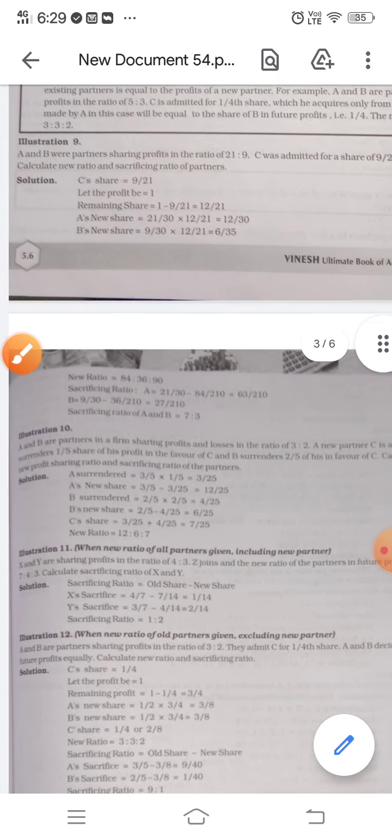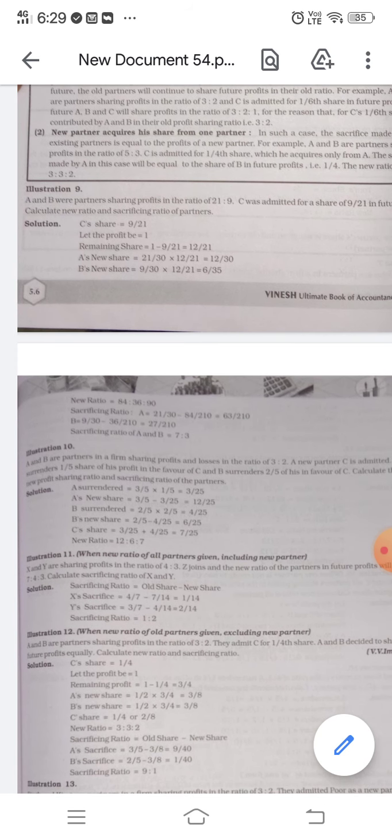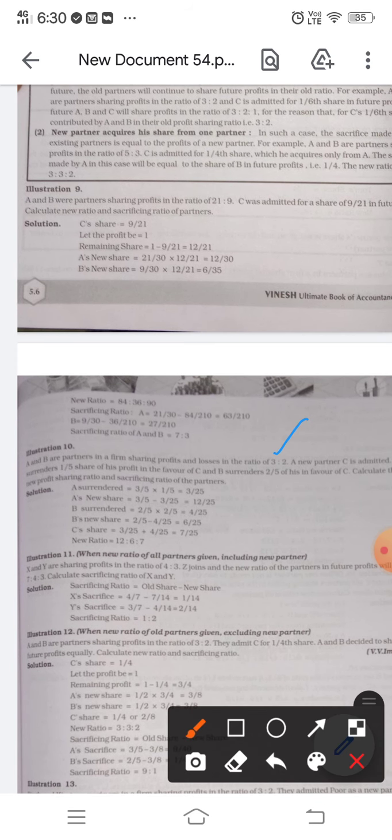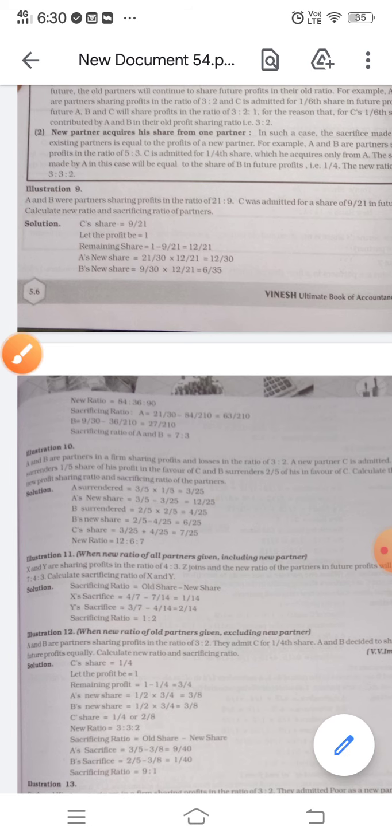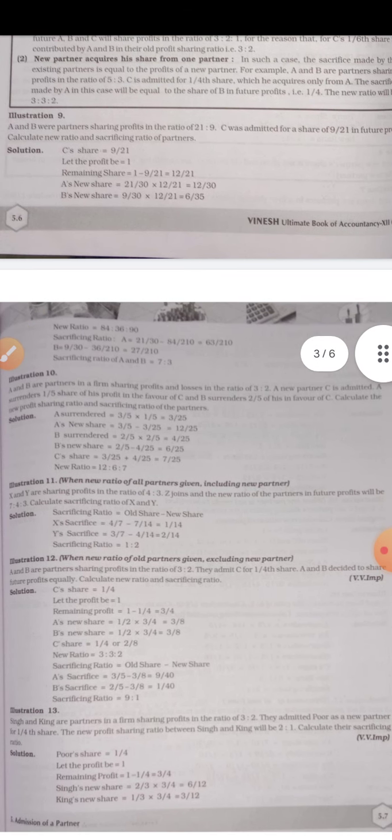See the illustration, 10th sum. A and B are the partners. That is the old profit share 3 is to 2. And the new partner is admitted and he surrendered 1 by 5th share of A. A is the old partner, no?